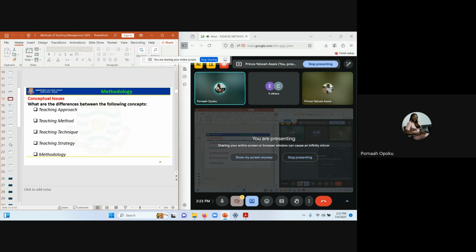So teaching methods is about your strategies, your ways, how you are going to deliver your lessons. Then the teaching approach too is the same thing, whether you are going to use the student-centered or the teacher-centered and the rest.